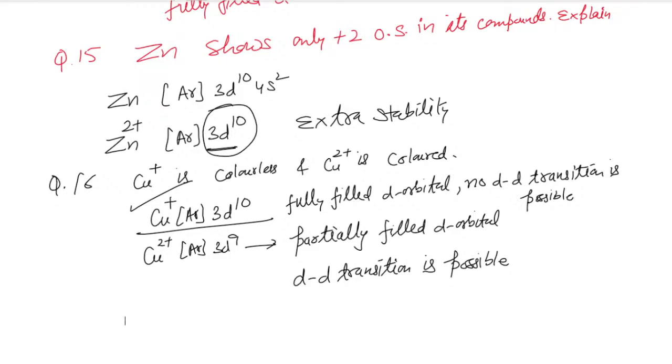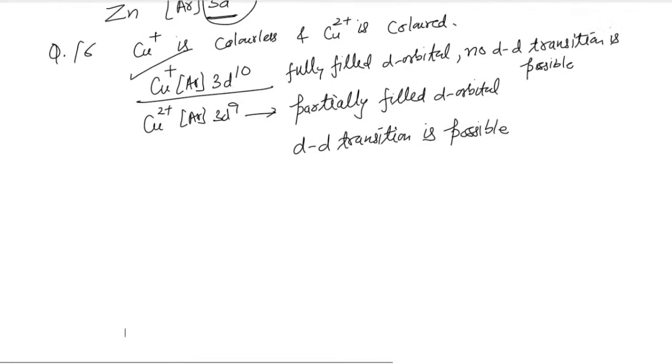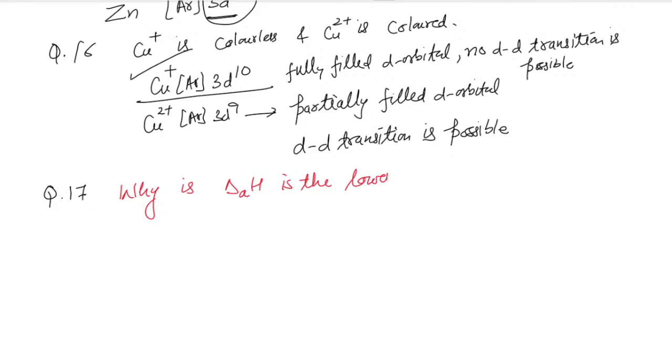So tell me, why is enthalpy of atomization the lowest for zinc in the 3d series of transition elements?